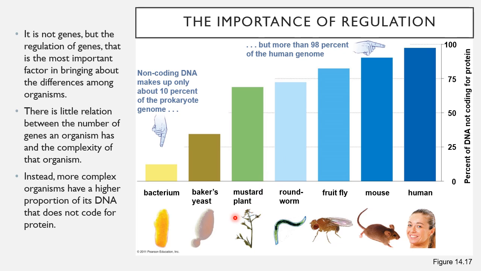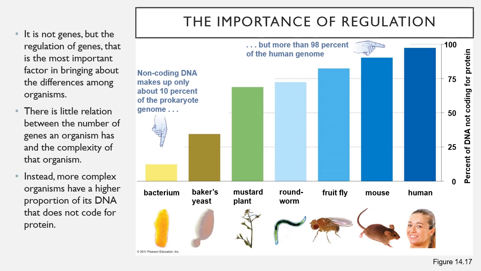What's different between some very simple things and some very complex things is that they have a higher portion of DNA that does not code for protein. So humans have 98% of the DNA that doesn't code for the making of proteins. Most of the DNA inside a human is that regulatory DNA, that DNA that's going to regulate when and where it's read.